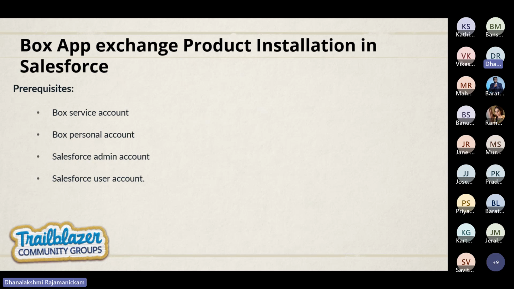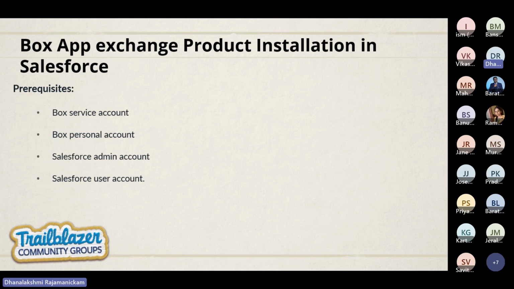The next one is Box AppExchange product installation in Salesforce. To get the Box for Salesforce package, you can get it from the Salesforce AppExchange. You can install the AppExchange version for all users, then approve the third party access and grant the user access. Next, the prerequisite is four accounts.